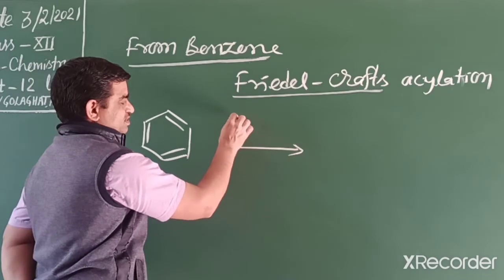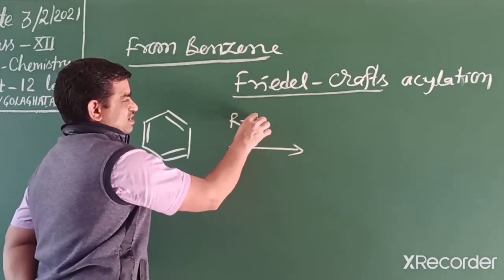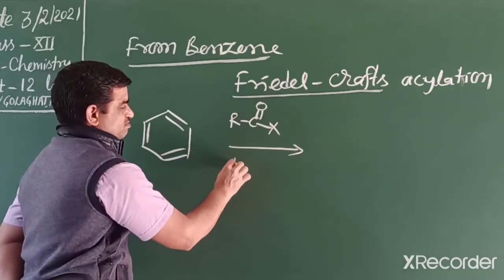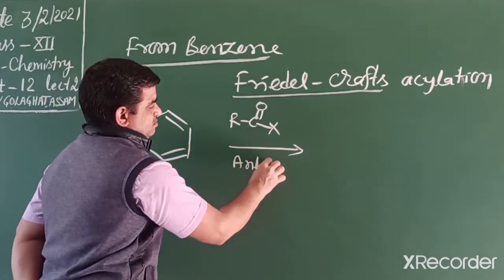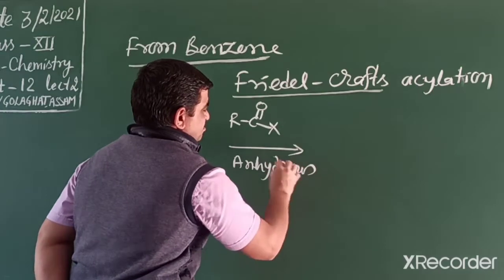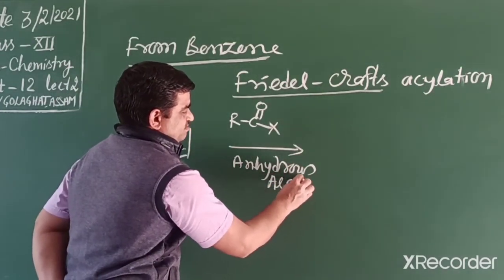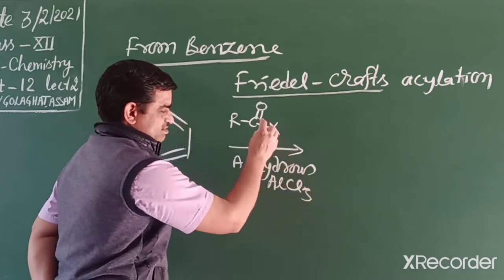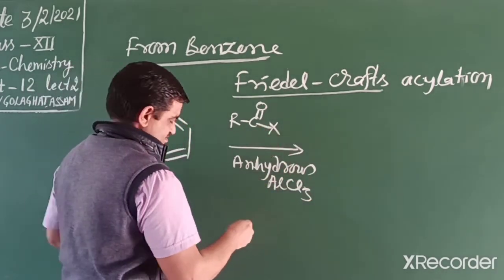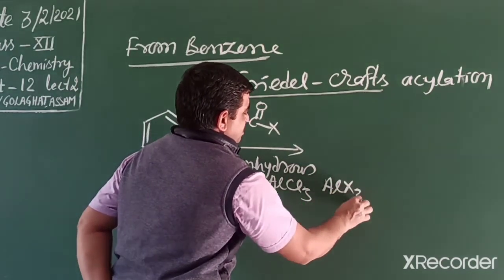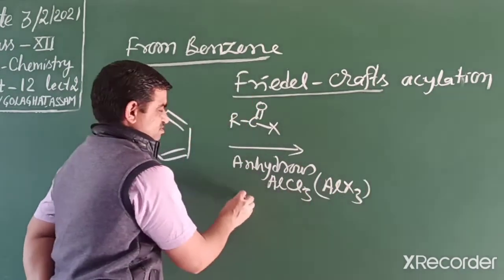In this reaction the reagent is acyl halide, reacting in presence of anhydrous aluminum chloride, aluminum halide. If the halogen is chloride, then generally we use aluminum halide, either chloride or bromide.